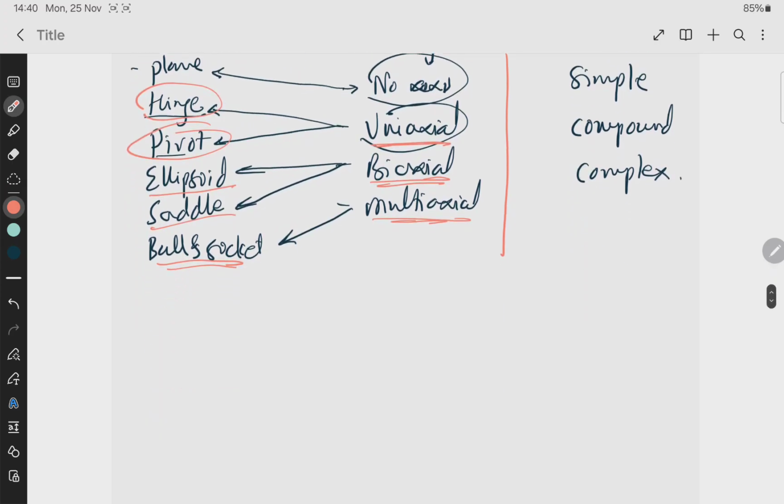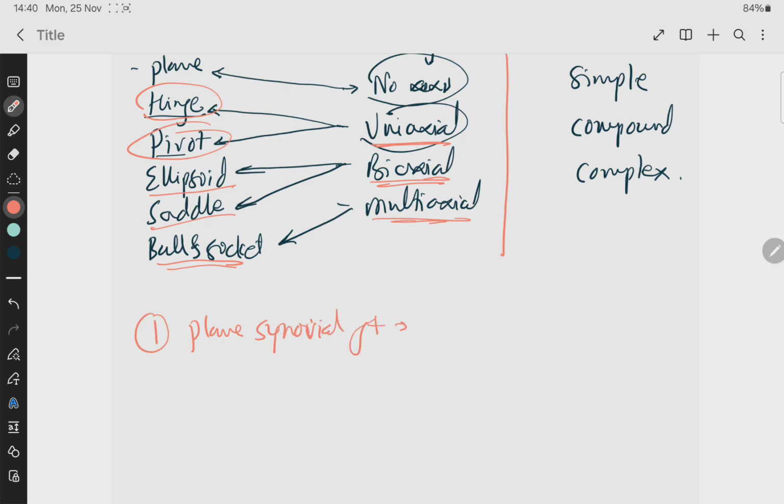So first, non-axial type, where there is no axis of movement, so there occurs only a slight movement, that is called the gliding movement or frictional movement. The first joint is the plain synovial joint.